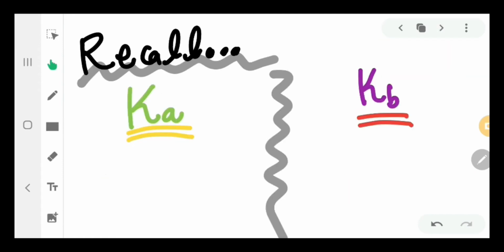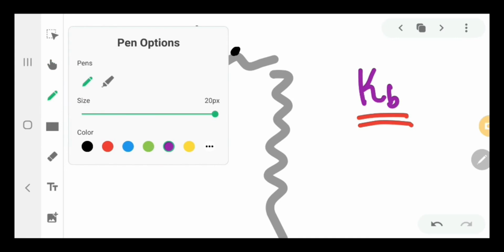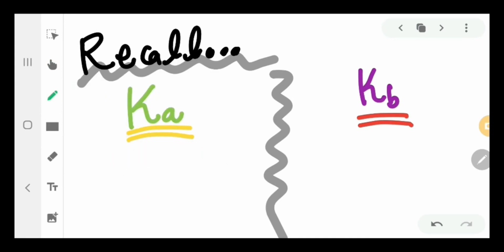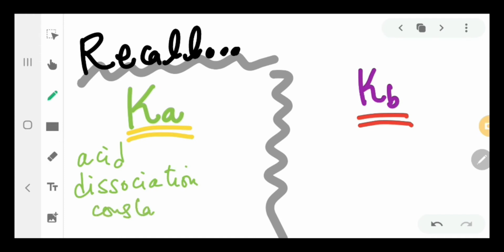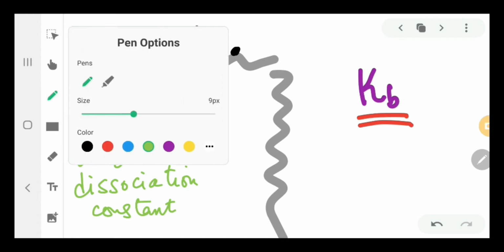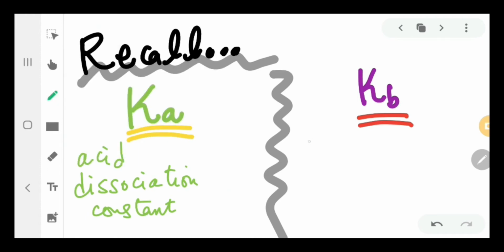So we have to remember what we have looked at in the previous video before we reach here. Ka, like I said, is your acid dissociation constant, and then your Kb is your base dissociation constant.